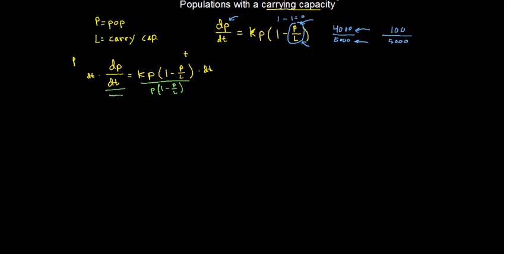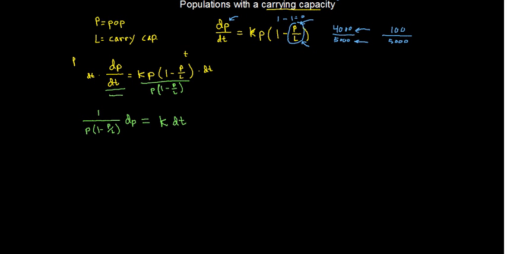So what we're left with then is 1 over P times 1 minus P over L dP equals, on the other side we just have a K dt.